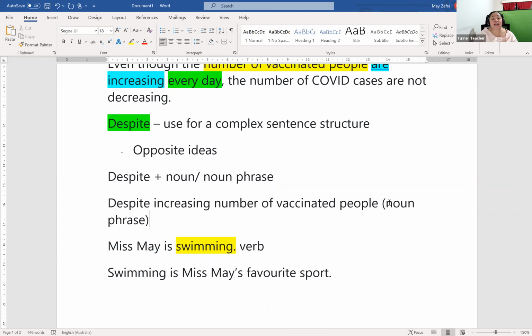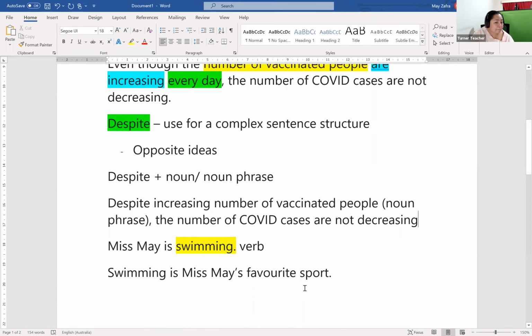So despite increasing number of vaccinated people, the number of COVID cases are not decreasing. Is that clear so far? So when you are using despite, you follow it with a noun or a noun phrase.